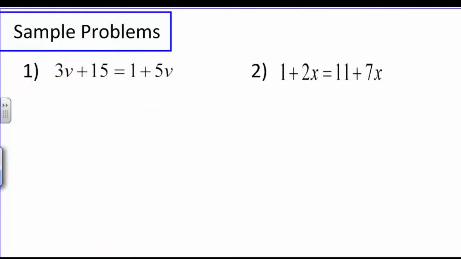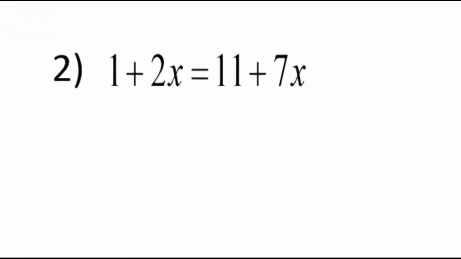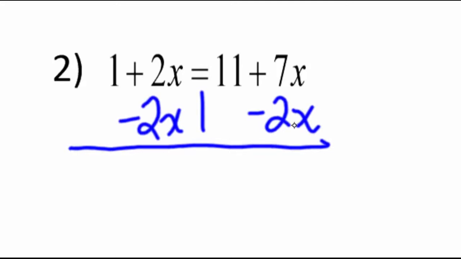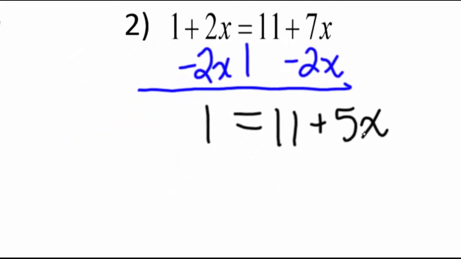All right, let's take a look at the second example here. 1 plus 2x equals 11 plus 7x. In order to keep my variable term positive, I am going to subtract 2x on each side of the equation. So 1 plus 2x minus 2x just leaves me with 1 on the left side. 11 plus 7x minus 2x leaves me with 11 plus 5x.